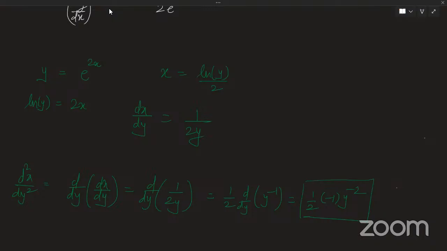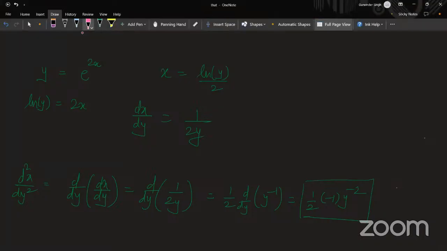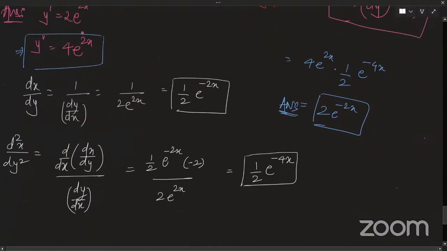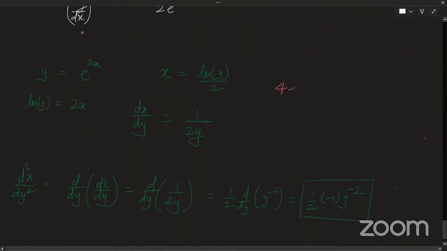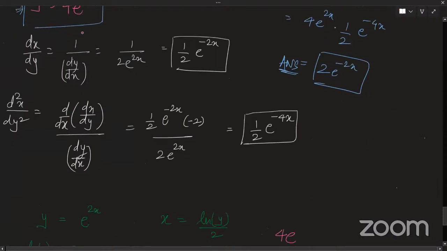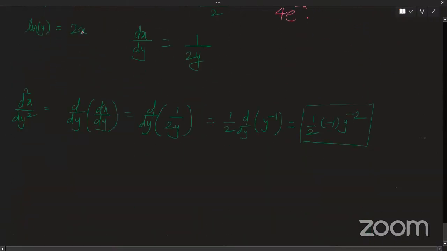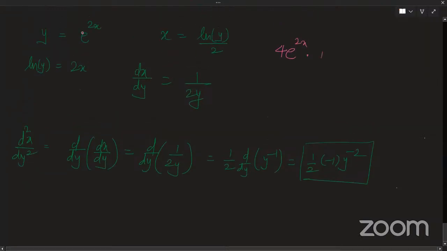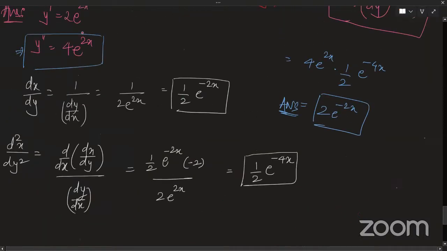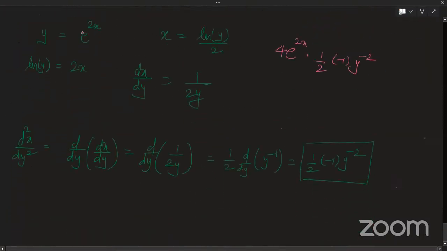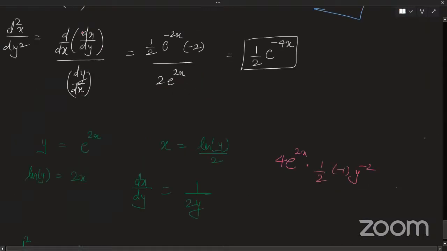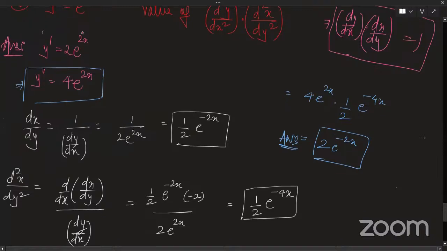Okay, great. Then I can directly substitute my values. I have calculated y double dash, that is d2y by dx square, as 4 into e raised to 2x. And I have calculated d2x by dy square as half into minus 1 into y raised to minus 2.